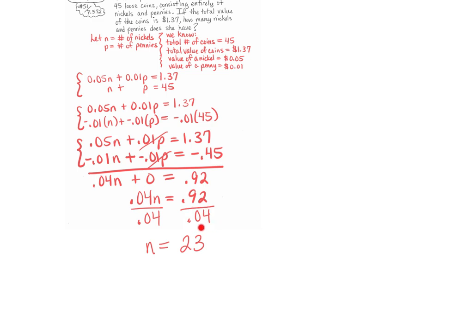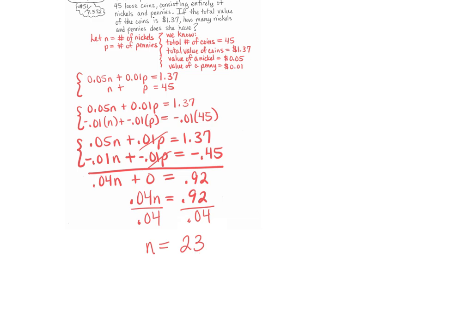I thought that would have been like the point numbers. No, because technically when you divide 0.92 by 0.04, you have to move the decimal over. So you get N is equal to 23, and you can check it. Confirm that 0.92 divided by 0.04 is 23.